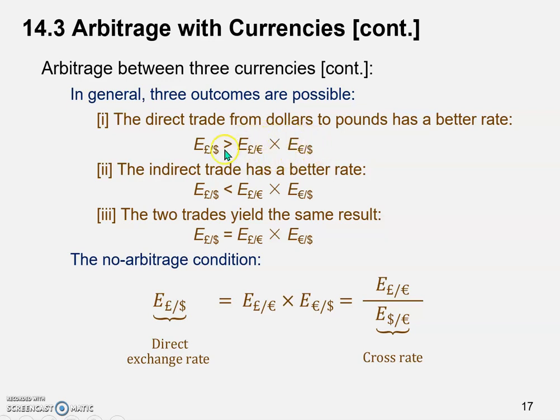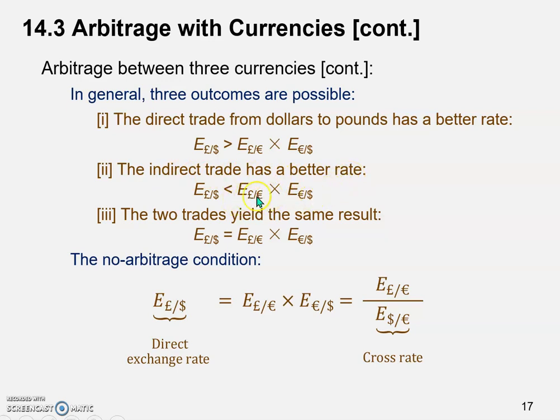And if this product, that means the combined exchange rate, is going to be less than this, of course you go the direct trade way. However, in theory, the indirect trade could give you a better deal.